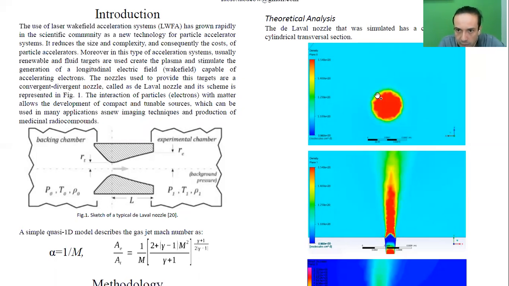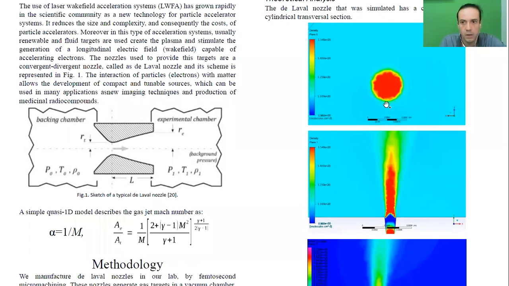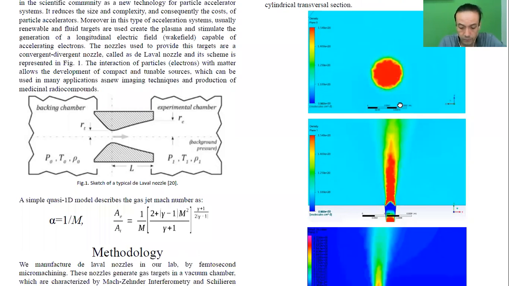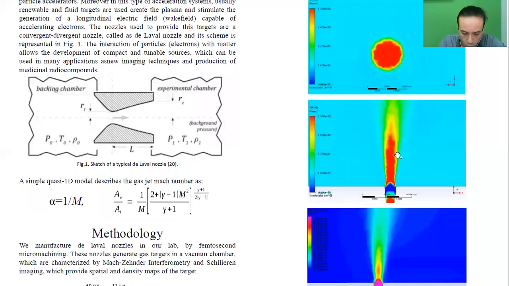In this figure, we can see the circular transversal section of the gas jet. The density decreases along the nozzle as the gas jet grows, and the minimum value is reached at the exit of the nozzle.